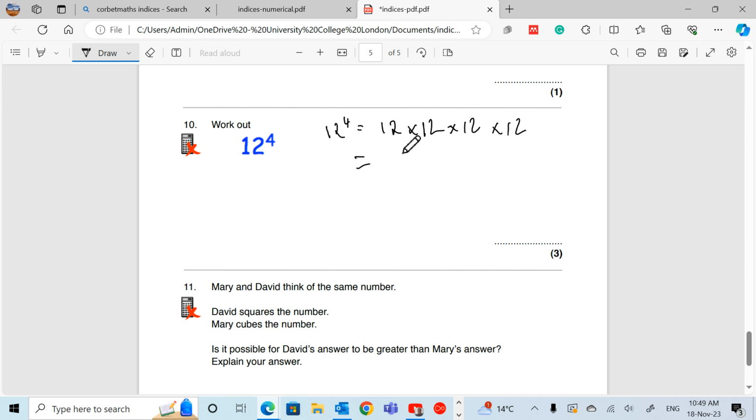So you know that 12 times 12 is 144. So there's no way of avoiding long multiplication here. You can either do 144 times 144, or 144 times 12 times 12.